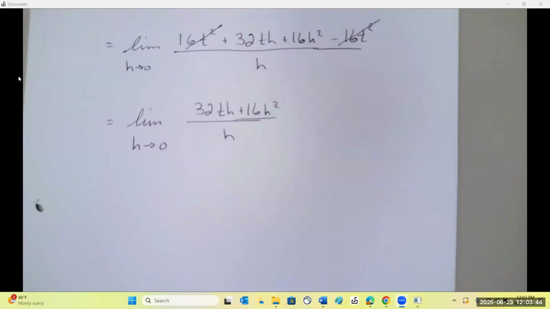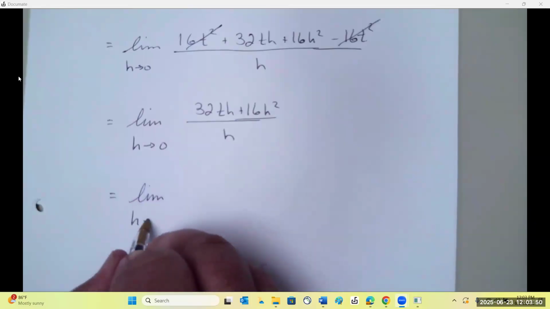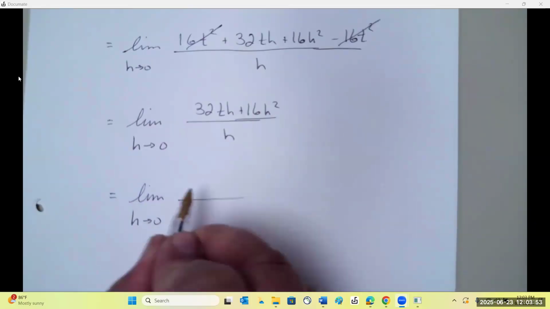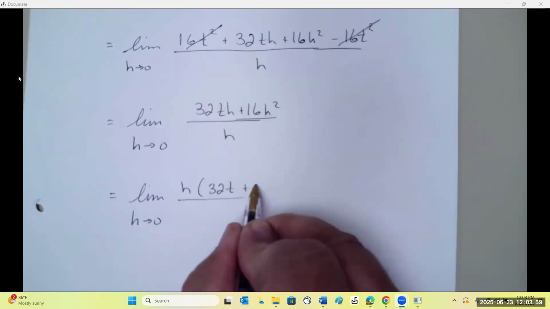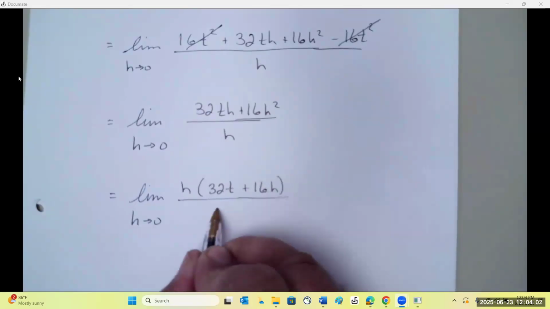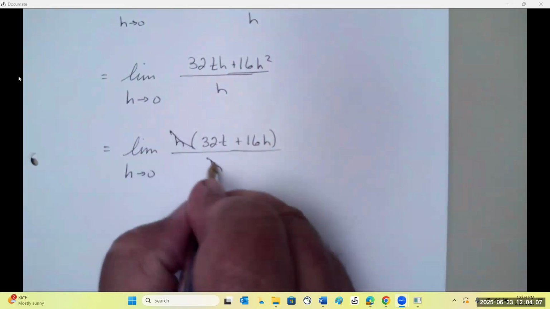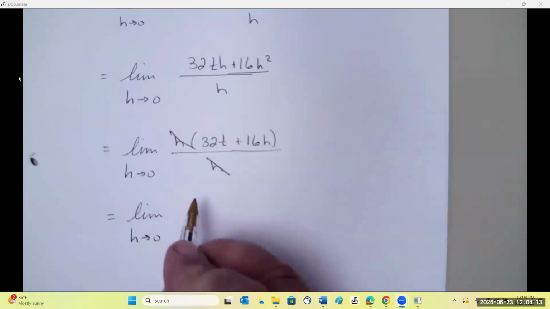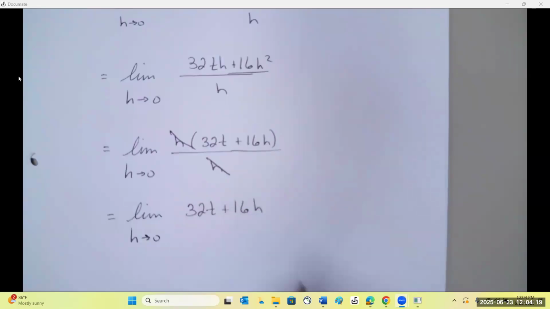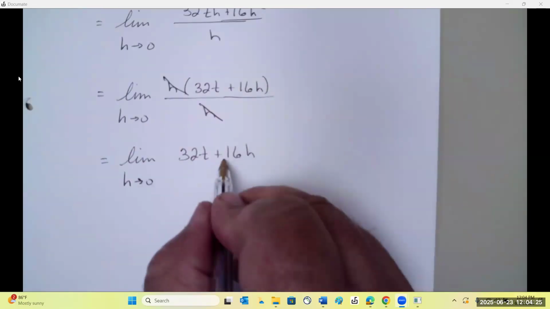So on the top, what can we factor out? (32t plus 16h) all over h. The h's cancel. H goes to 0.